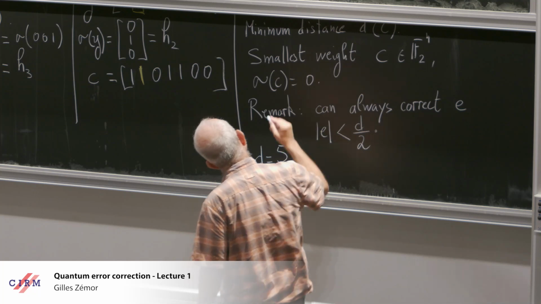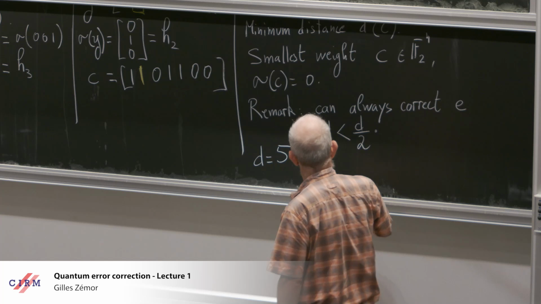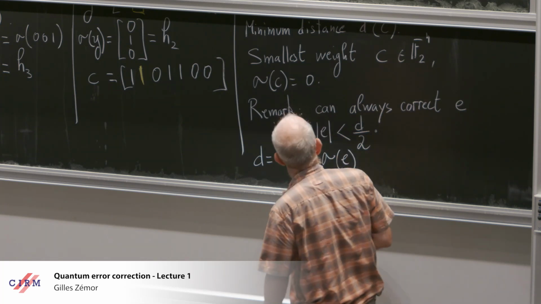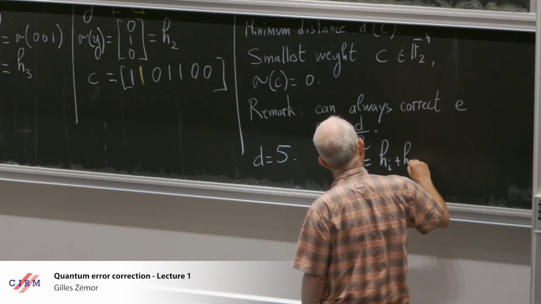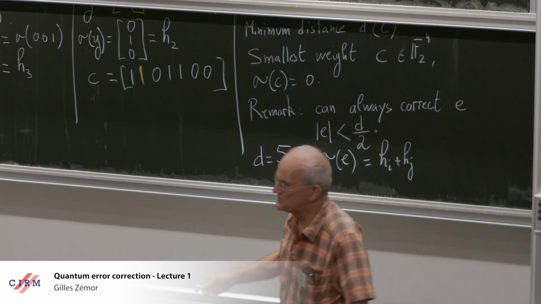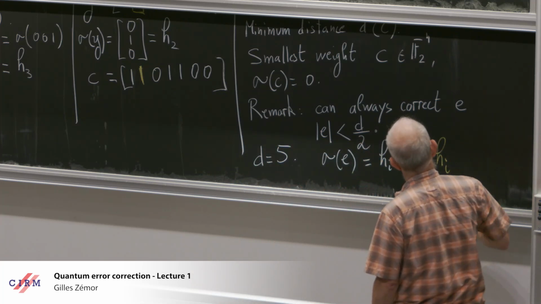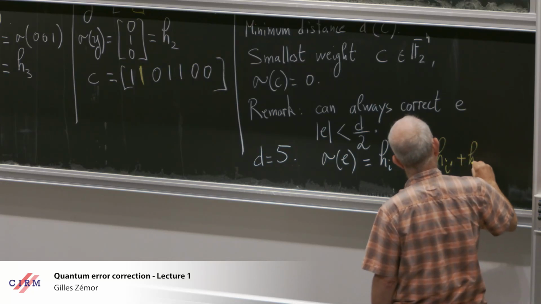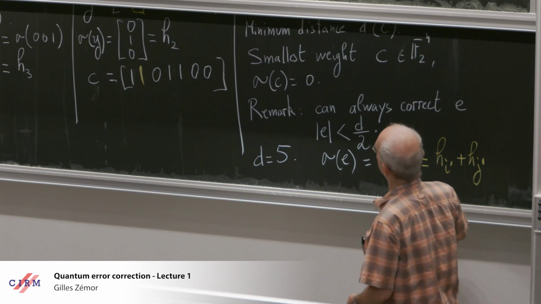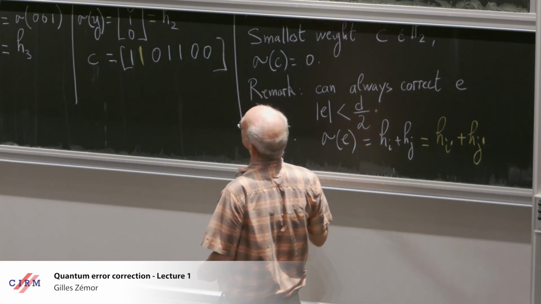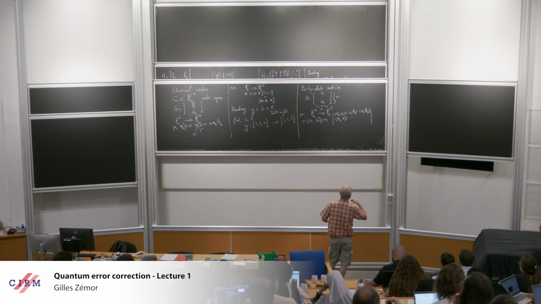So why, you can see it on an example. Suppose you have minimum distance 5, you want to correct 2 errors. What does it mean? It means you want to write the syndrome of your error as a sum of 2 columns. Now, suppose there were 2 ways to do this. Suppose this could also be written as HI prime plus HJ prime, for example. Then put all this on the left.